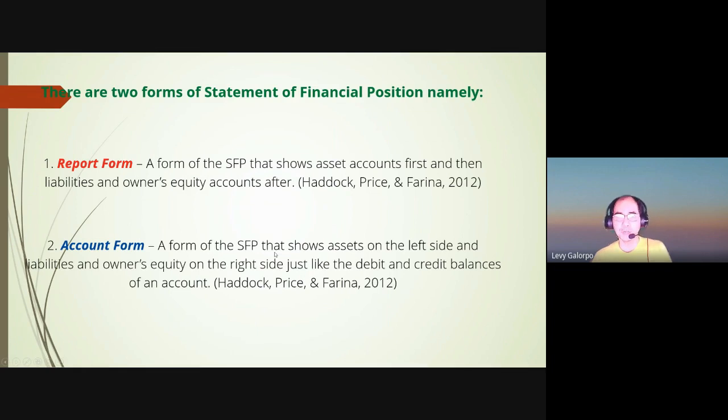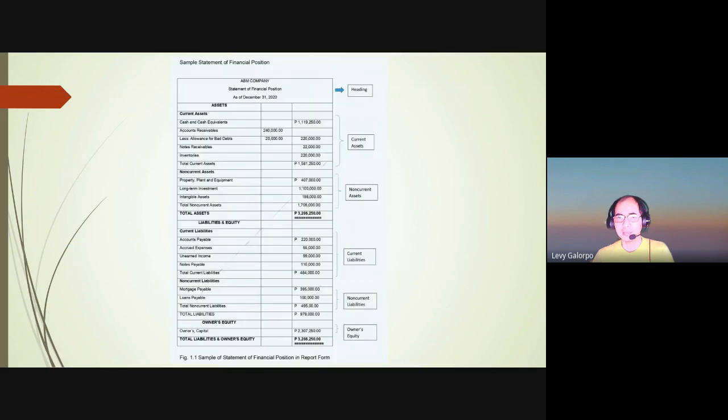Normally, pagka service business, we use the account form. Bakit? Kasi hindi naman masyadong marami ang mga transaksyon ng isang service business, at yung mga account titles na ginagamit ay hindi rin ganun kakomplikado. Therefore, walang merchandise inventory sa service type of business.